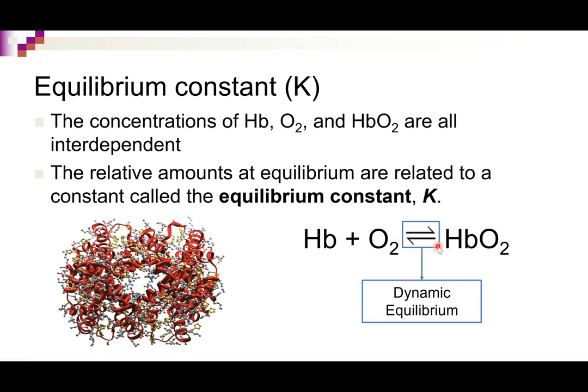If we're in an oxygen-rich environment, let's say our lungs, we can affect this equilibrium and tell our body, hey, we're in an oxygen-rich situation, why don't you bind as much oxygen as you can? And then when we get to an oxygen-poor situation, like in our muscles while we're working out, our body says, hey, we could probably use some oxygen here. There's not very much. And it pushes back the other way to release that oxygen and give it to our muscles. So this idea of a dynamic equilibrium is how we transfer oxygen around the body.